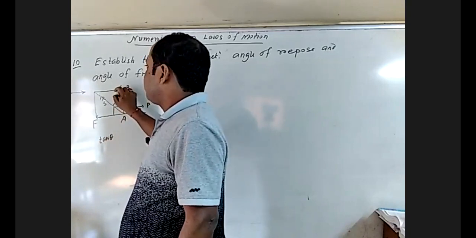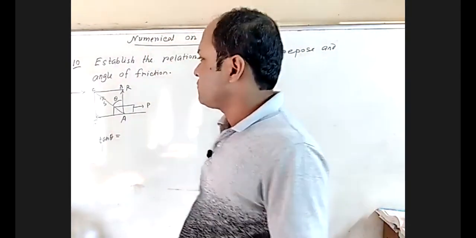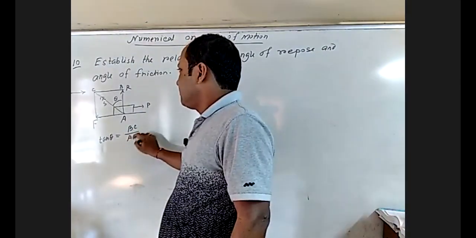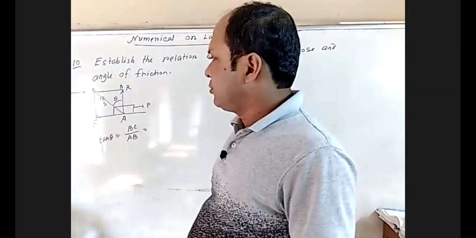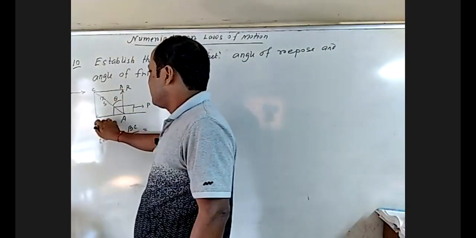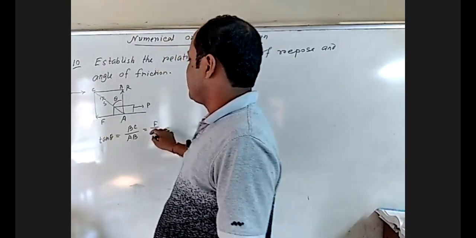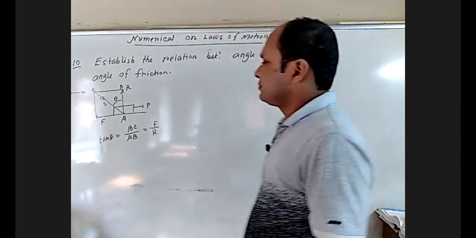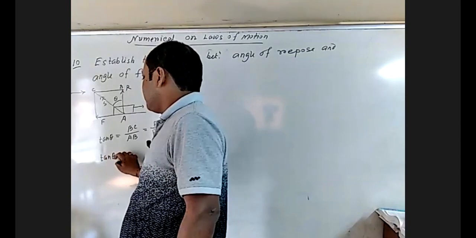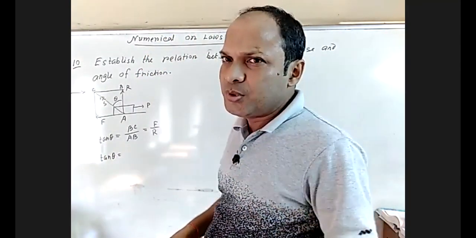From this triangle, tan theta equal to BC by AB. BC is the frictional force, this is F, and this is R. So tan theta equals, as we have just discussed, frictional force by normal reaction, which is mu.